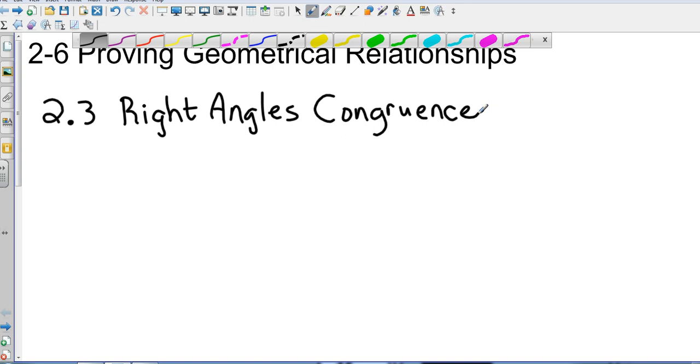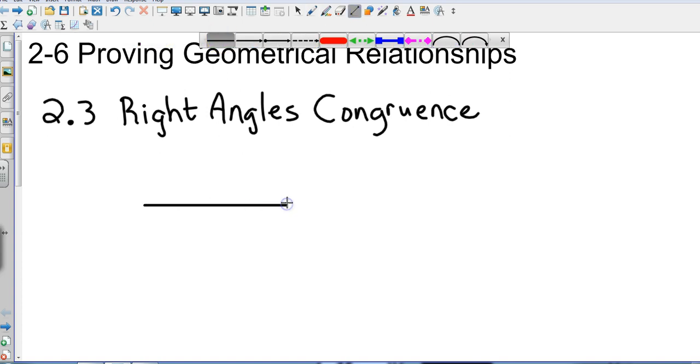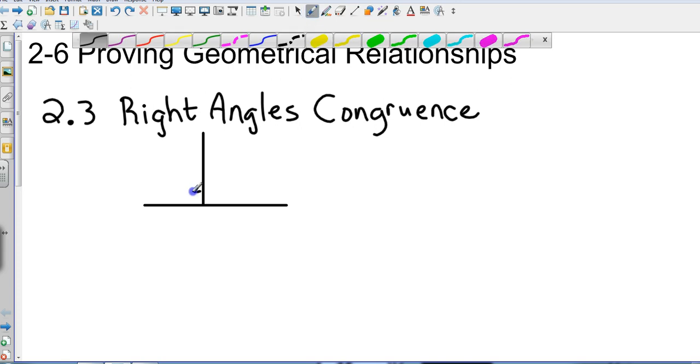So right angle ABC, let's say we had something like this. I'm going to go back, do it a little bit longer. There we go. So let's say we have these two right angles here.